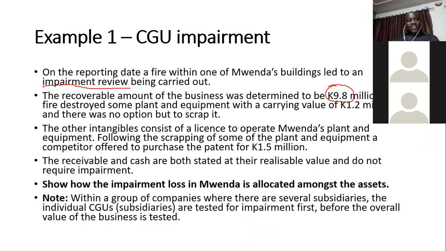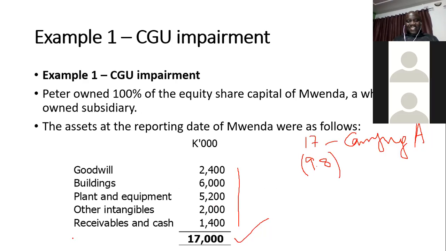Then we are told the fire destroyed some plant and equipment with a carrying value of 1.2 million. And there was no option but to scrap it. So meaning that here we'll say the plant and equipment of 1.2 was to be scrapped.